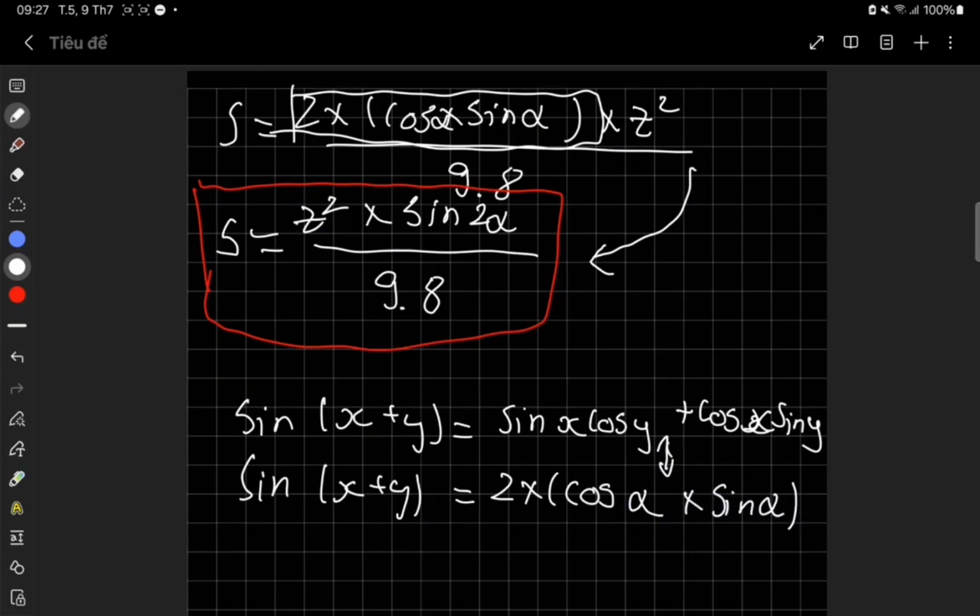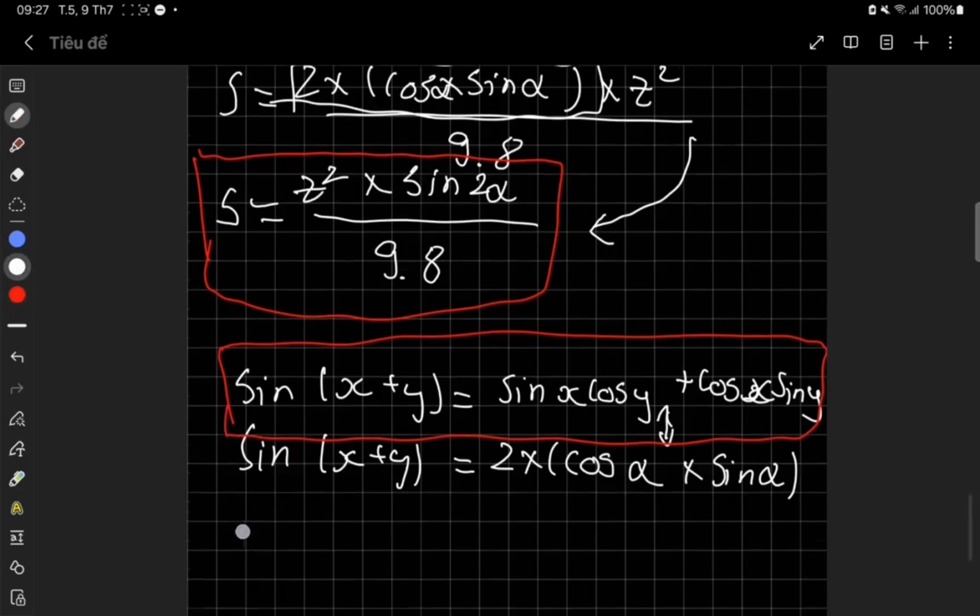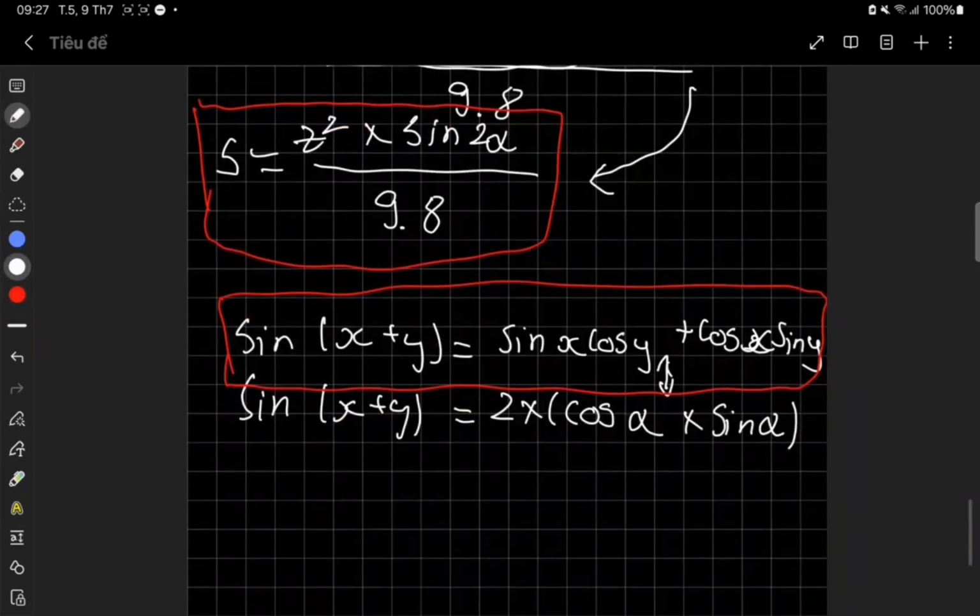So you can see the correlation between these two. This is the original one, and this is the one we have, and this is basically the same thing. With cos alpha and cos alpha the same, it's basically the same thing.